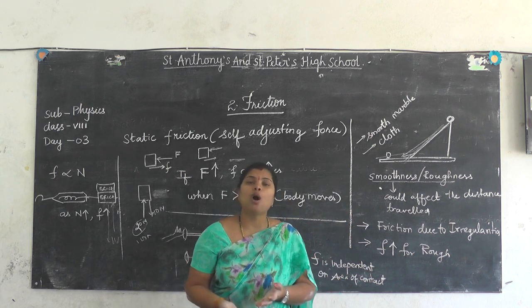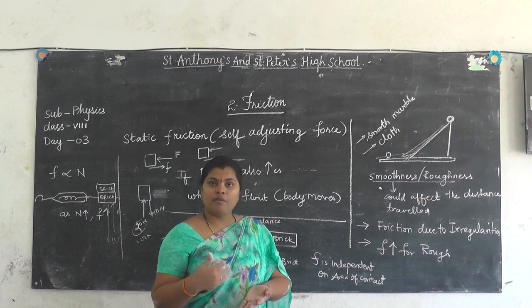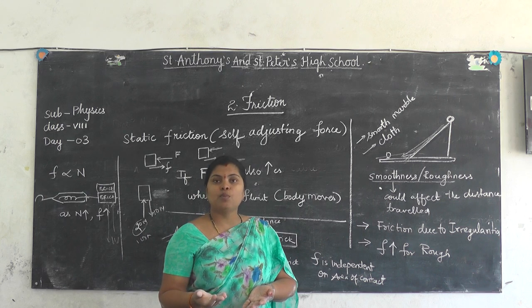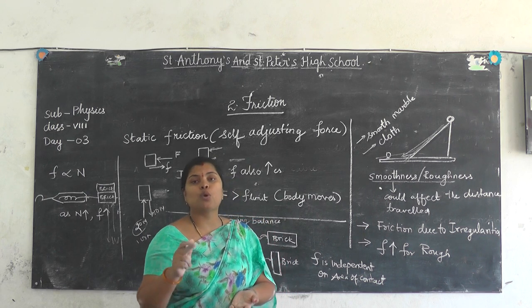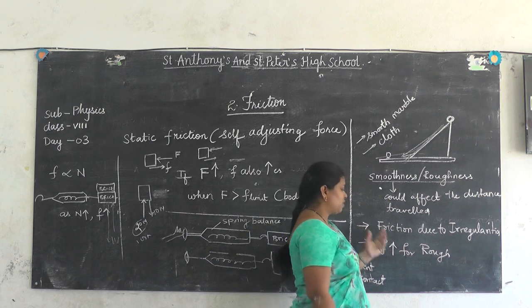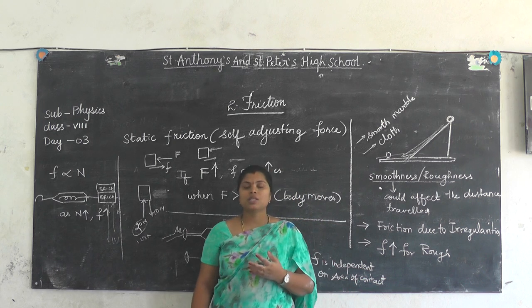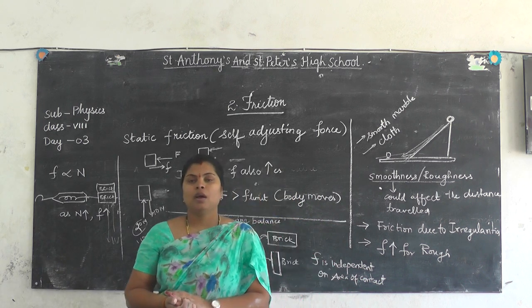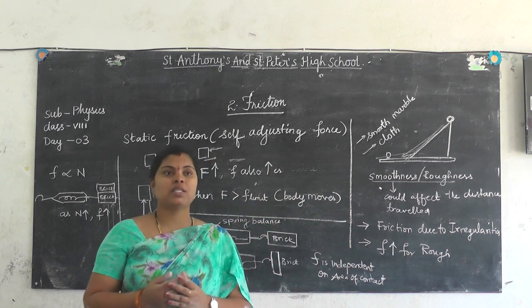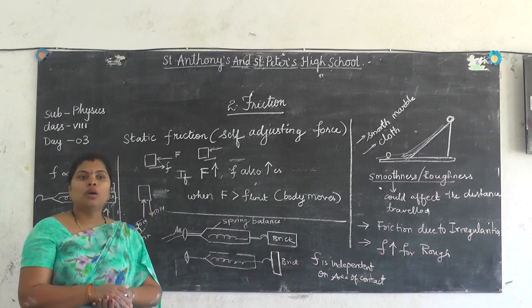So in order to overcome the interlockings or roughness of the surface, which offers more friction, we need to apply more force. So for rough surfaces, friction offered will be more. This is the example where we can say the frictional force also depends upon the nature of the surfaces.